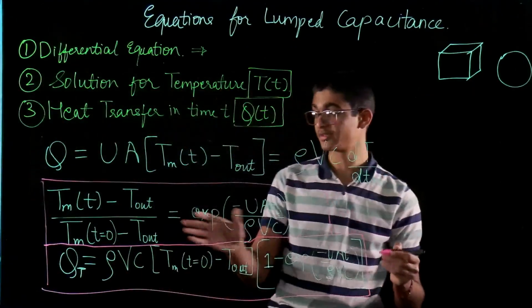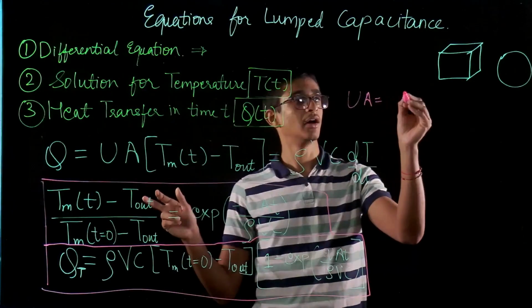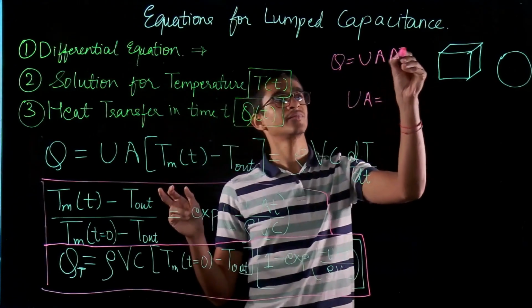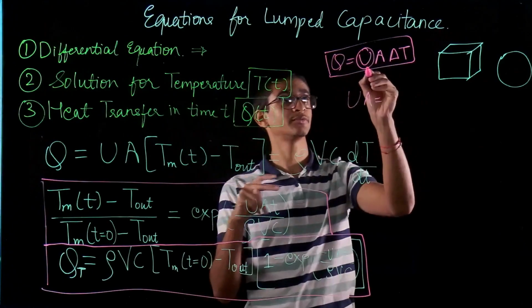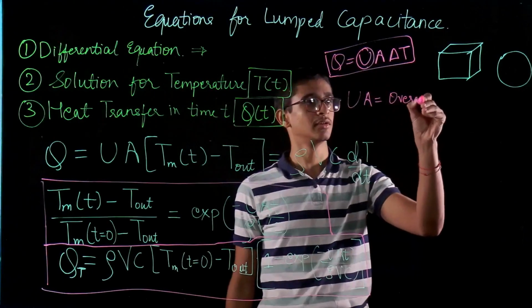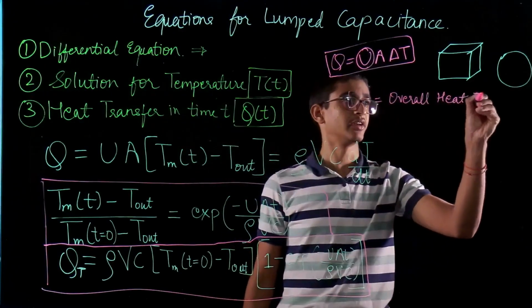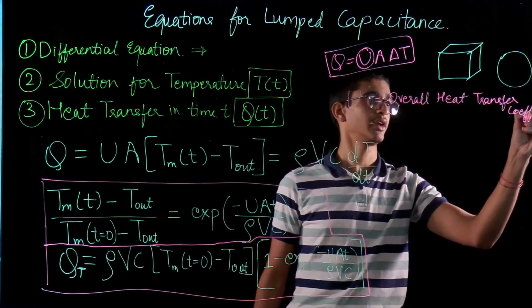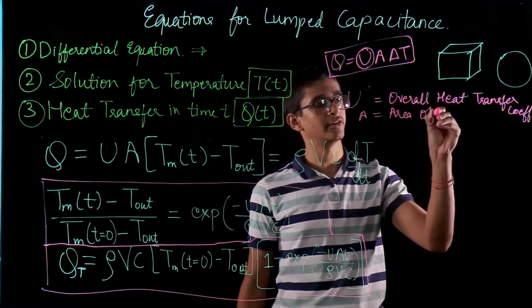Let me just define this. My UA is from UA delta T, using Newton's law of cooling. U is the overall heat transfer coefficient and A is the area of heat transfer.